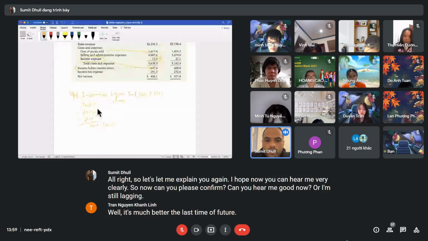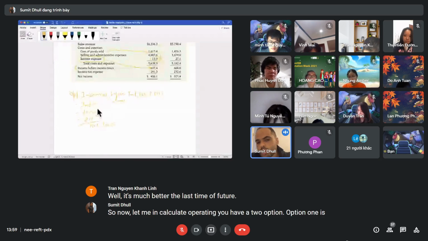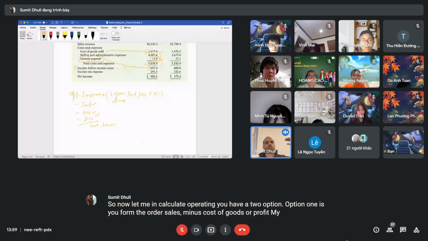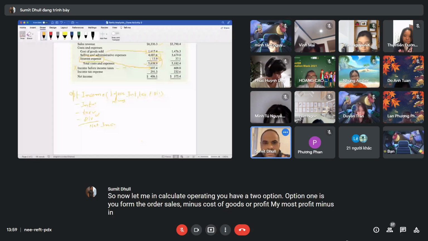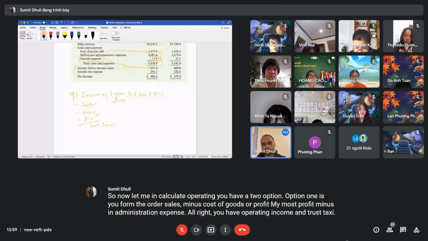So now let me explain again how we calculate operating income. You have two options. Option one is you follow the order: sales minus cost of goods sold gives gross profit, minus selling and administration expense. All right, and you have operating income, and minus interest and tax gives your net income.